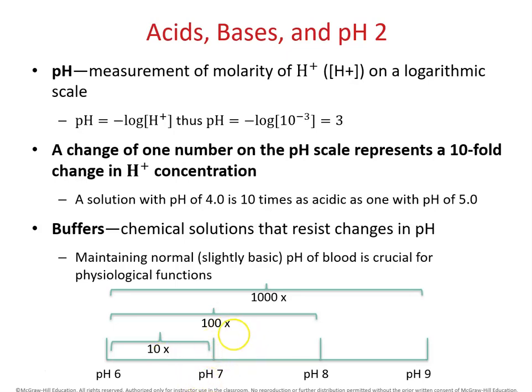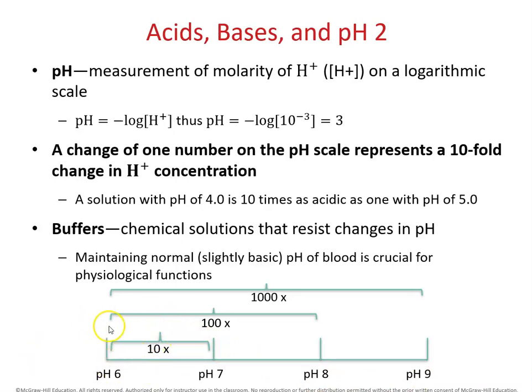Also, between pH 7 and pH 8, we have a 10 times difference in hydrogen ions there. Between pH 8 and pH 9, between any 2 points on the pH scale that are whole numbers, we have a 10 times difference in hydrogen ions and also hydroxide ions.